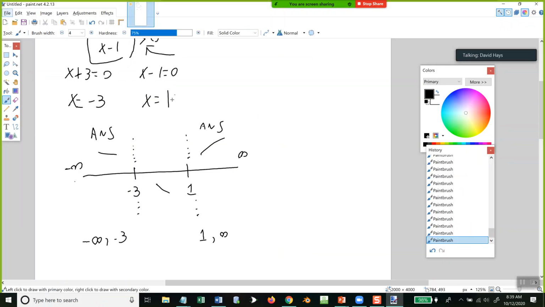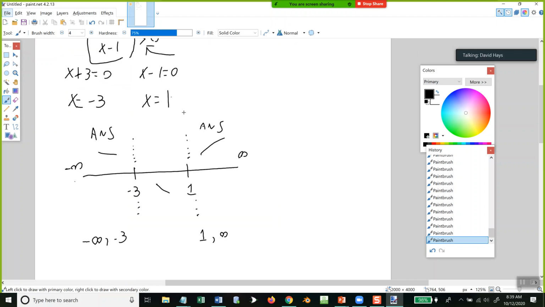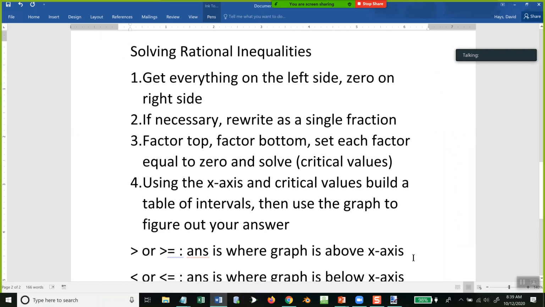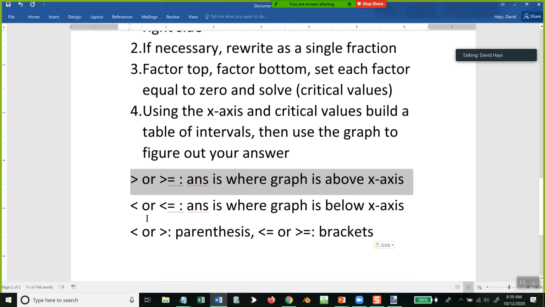Now our problem was a greater than. Greater than tells us the answer is where the graph is above the x-axis, and it's going to be parentheses.